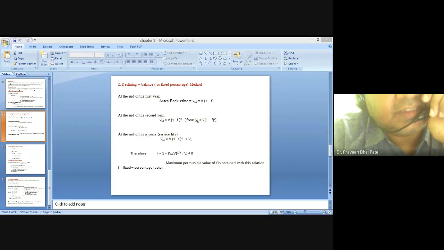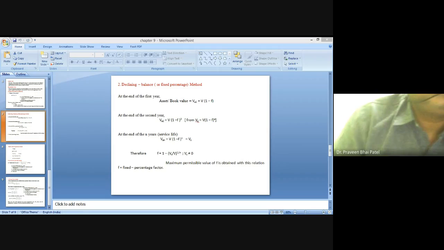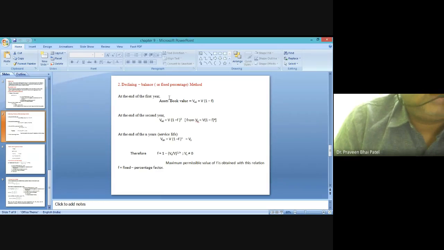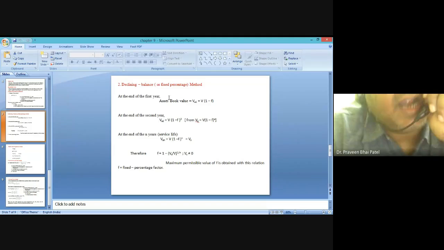That means its asset value decreases with respect to time very fast in comparison to the straight line method, and it is just opposite to the straight line method. So how are we going to calculate it? At the end of the first year, the book value is V1 = V(1 - F).